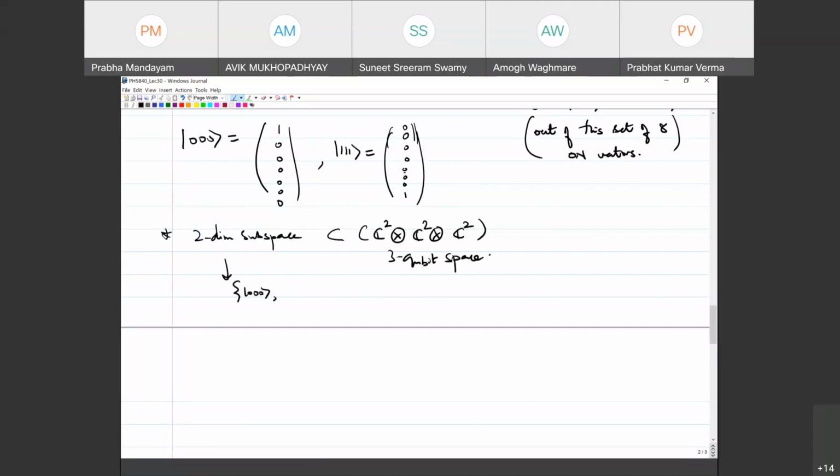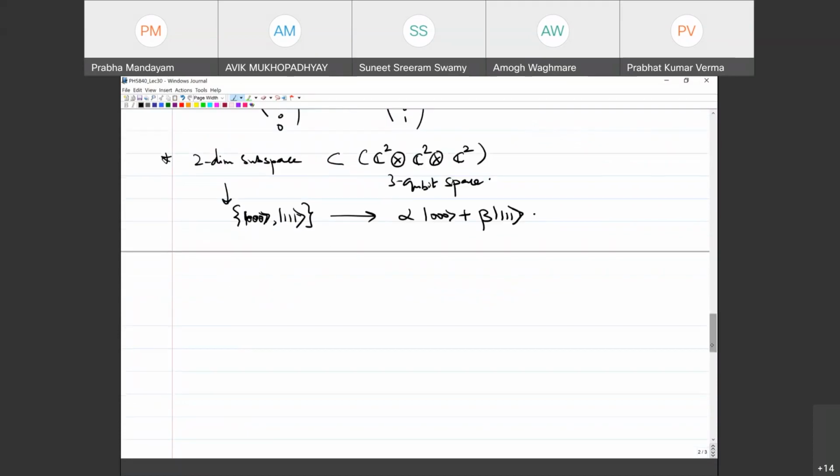Consider this two-dimensional space which is simply spanned by 0, 0, 0 and 1, 1, 1, which means you only consider states which are combinations like this, right? So in effect, this is like a ket 0 for you. If you want, you can call it 0 tilde. This is like a ket 1. So in effect, this is like a single qubit space because it has only two orthonormal vectors.